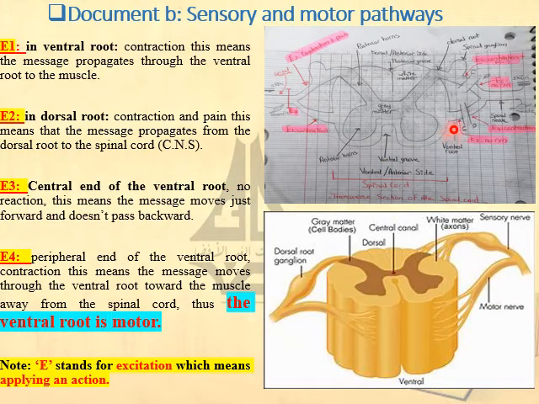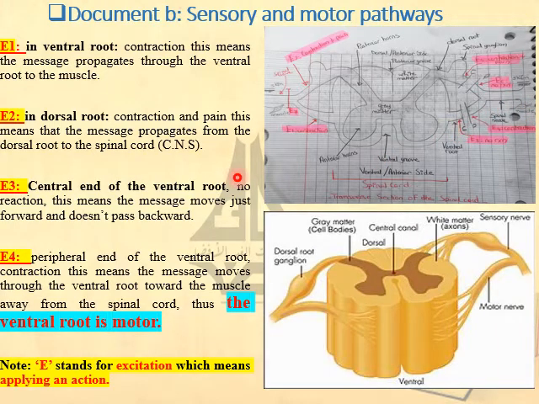When we applied a stimulus on the central end of the ventral root, no reaction, which means that the dog doesn't react. The message doesn't reach the muscle. And of course, this is very logical, because once it is cut, the message cannot move through the ventral root toward the muscle, because the root is cut. So it cannot move forward to reach the muscle.